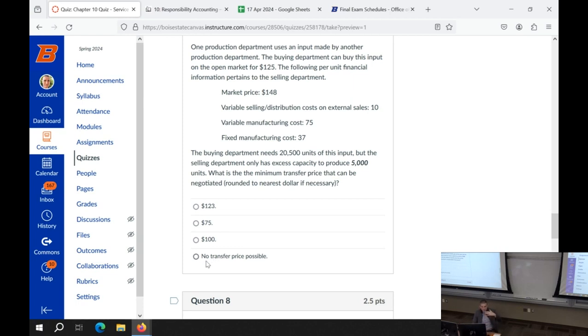If the ceiling is higher than the floor, no. If the floor is higher than the ceiling, there we go. That's a problem. Then there's no economically feasible transfer price. The negotiations would have to be determined through some other means than what's inside the economically feasible band. So that's when we would click that, if the floor is higher than the ceiling.